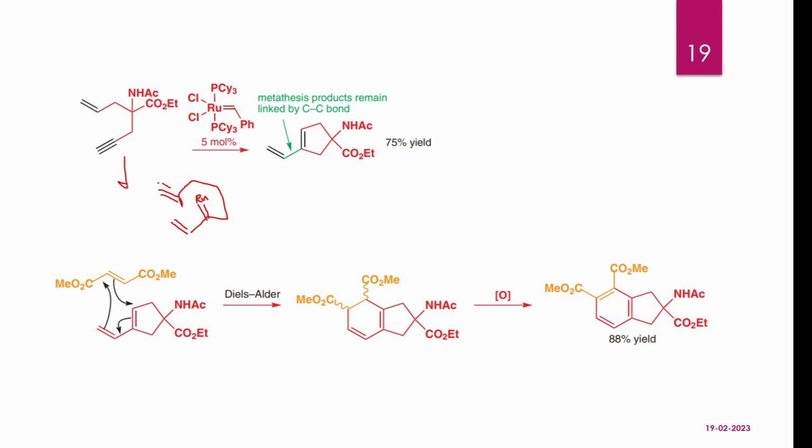Then these two double bonds will rejoin to give this type of product. This product is like butadiene. Since butadiene is there, it can take part in a Diels-Alder reaction, giving us this type of compound. This is the application. Just understood, everyone?